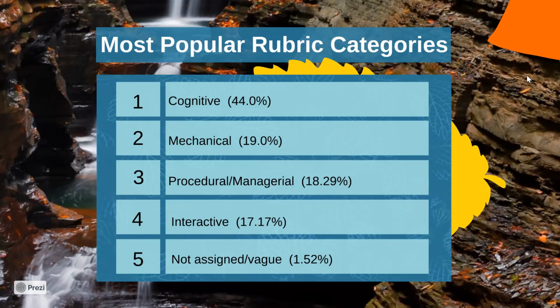But we took these 4 most popular ones and incorporated them into designing our own rubric, which we'll explain momentarily. Procedural can also mean whether they got their work done on time, whether they handed it in on time or followed the instructions, and things like that.